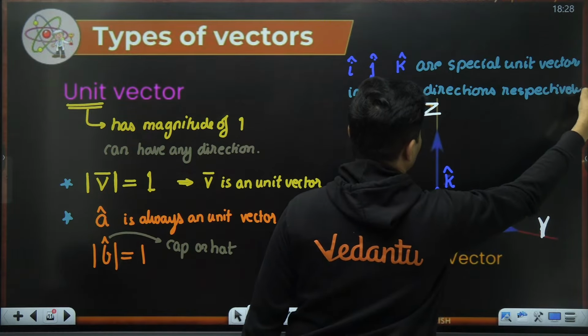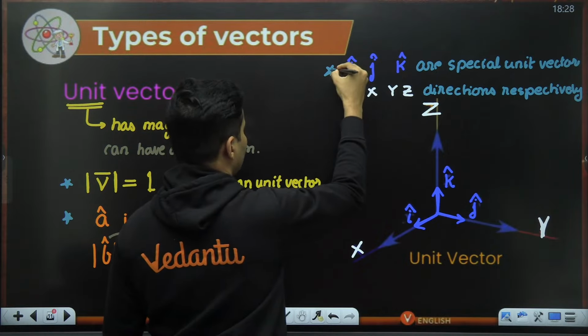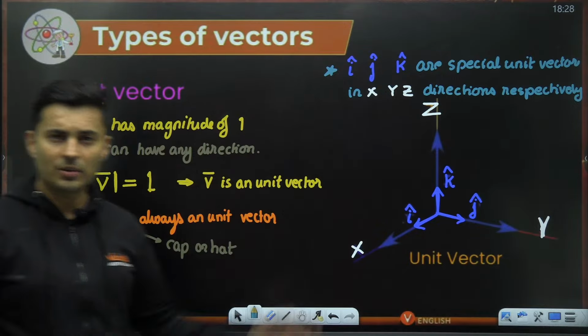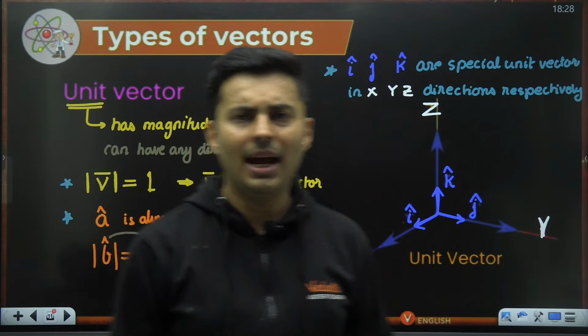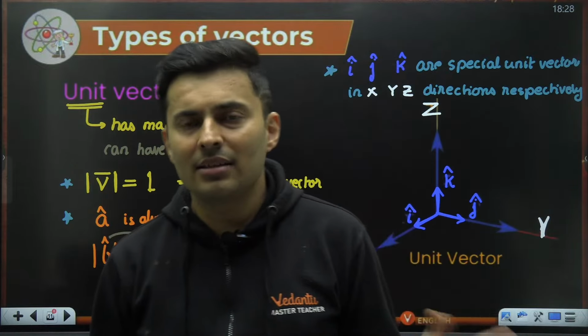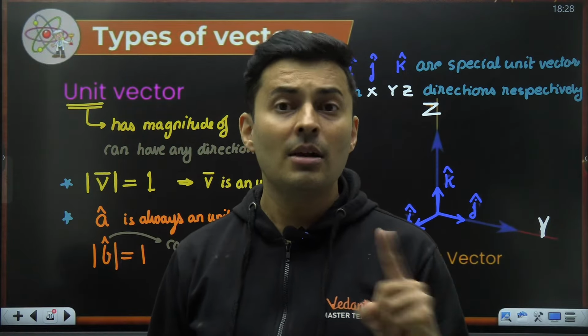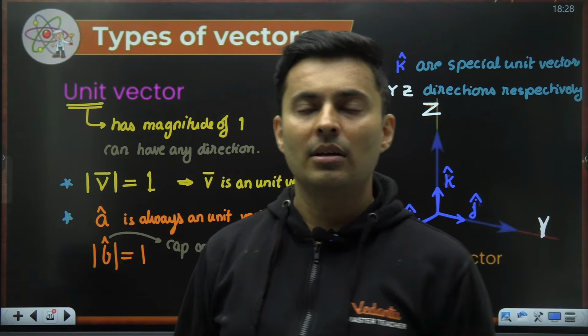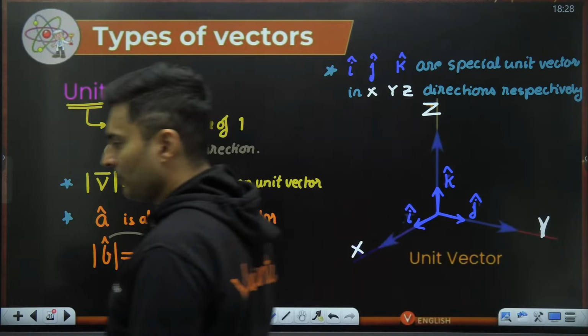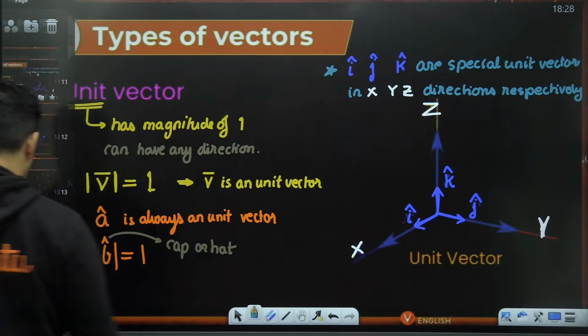Okay, we'll be using this in the later part of the chapter. In today's session only, we'll be using it very soon, i, j, k. But if I use a hat or z hat or some other symbol, it can be any direction. But when I use i, j, k, it means something. It is in the perfect direction of x. Okay, i, j, k, perfect.